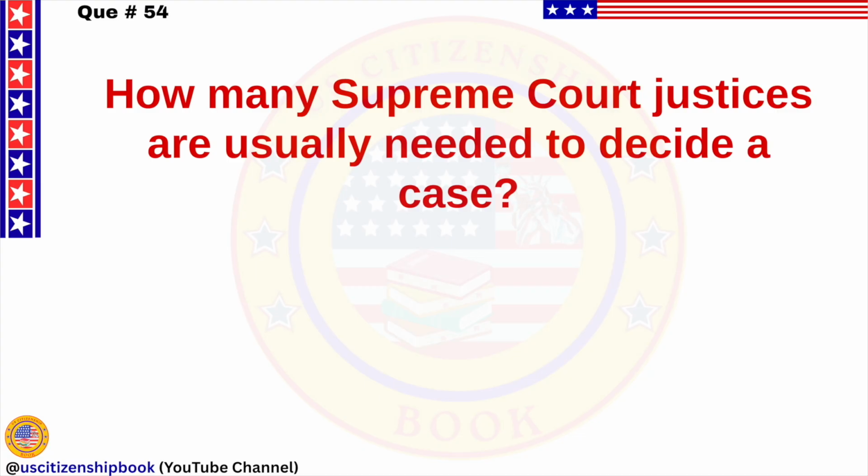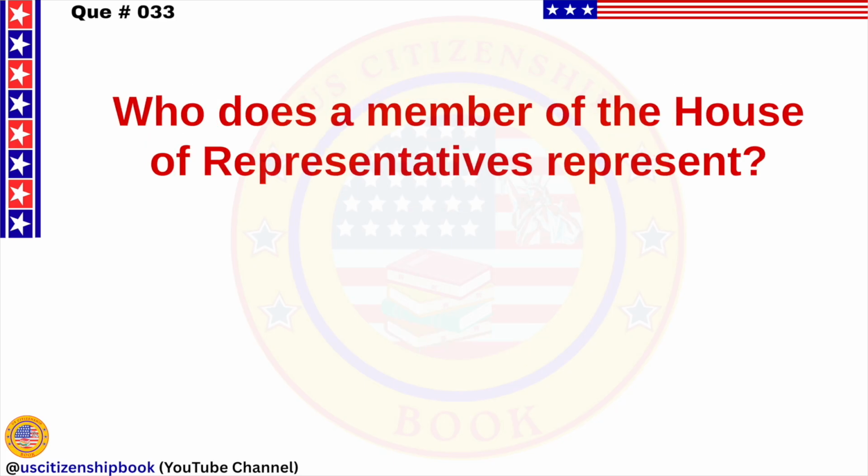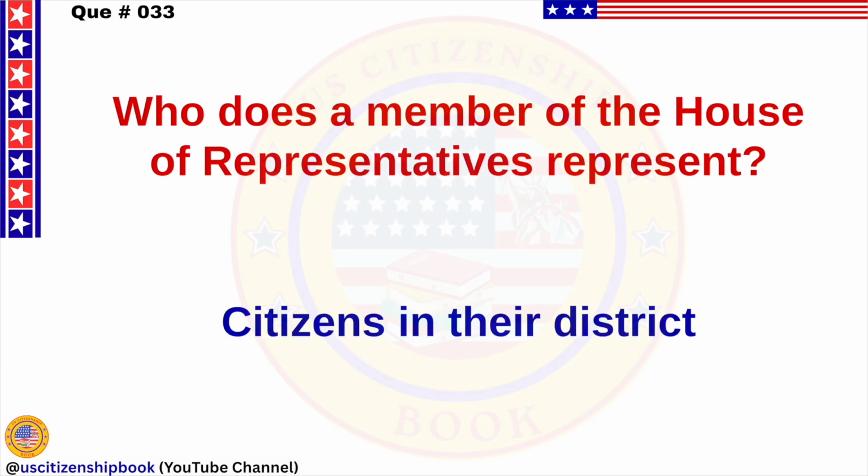How many Supreme Court justices are usually needed to decide a case? Five. Who does a member of the House of Representatives represent? Citizens in their district.